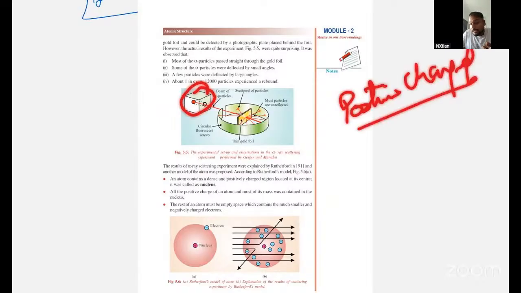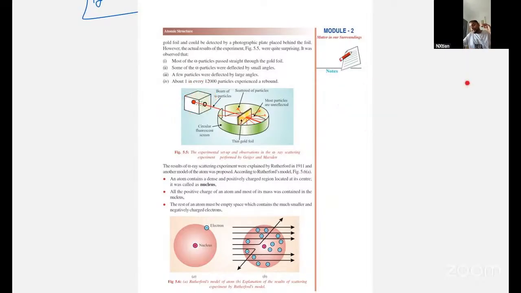And the positively charged particle which he bombarded on the nucleus comes back, meaning the nucleus should also be positive, because positive and positive will repel, no? If it is negative, then it should go into the nucleus, but it is not going like that. When it hit the nucleus with perfect angle, it came back to the same path. So it means there are positive charges, that is why it is coming back.